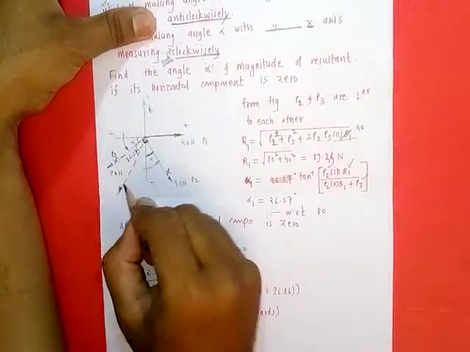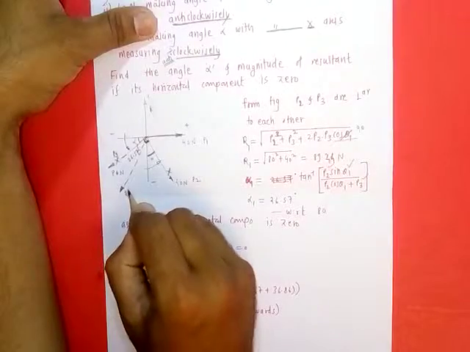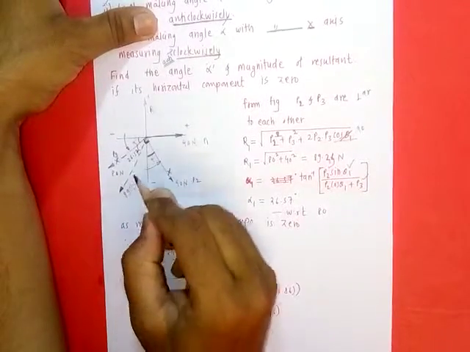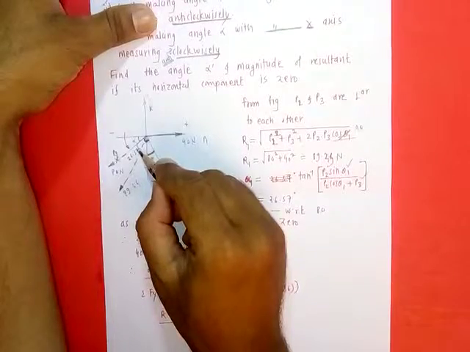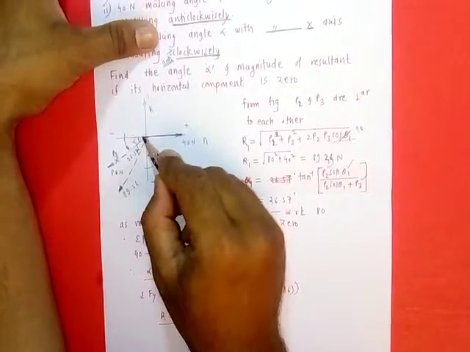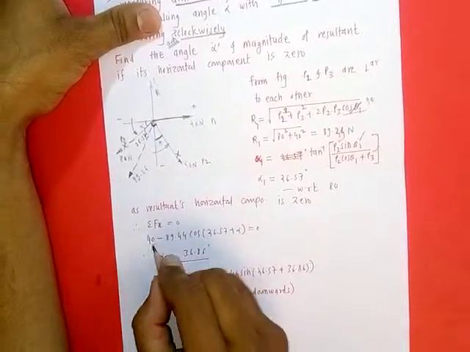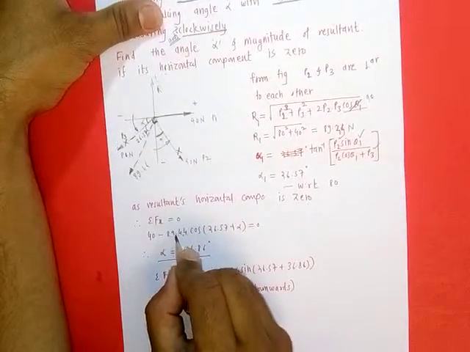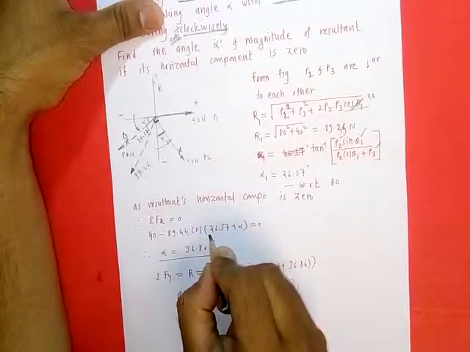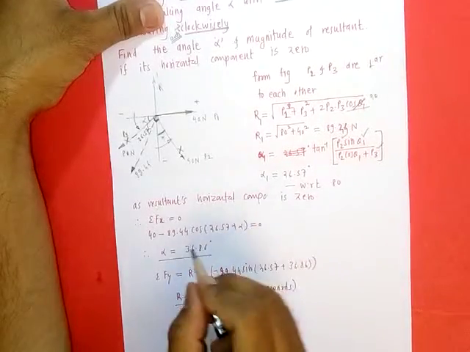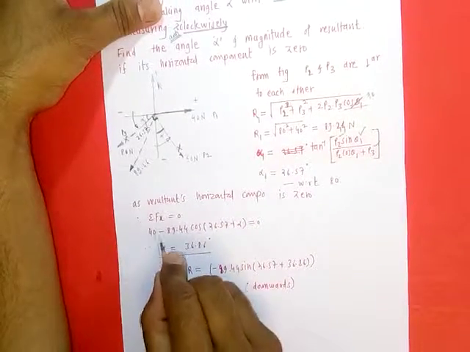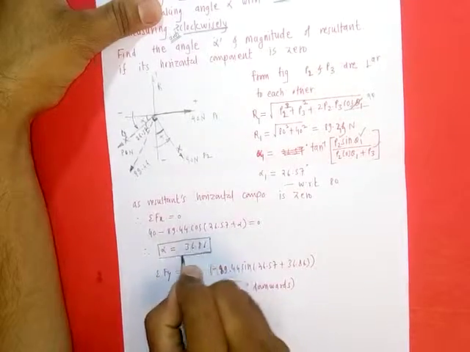Then this resultant value is 89.44 and making total angle of alpha plus 26.57 degree with x-axis. So 40 minus 89.44 cos of (26.57 plus alpha) is equal to 0. By solving this equation we easily get value of alpha.